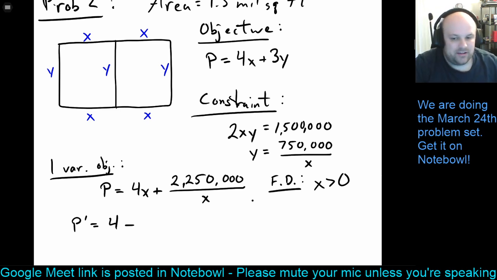Like values of x or y that exceed the total amount of fencing available, maybe. So it's actually always important to have that domain, even if it doesn't feel important for that particular problem. Conceptually, it's an important thing to have around.